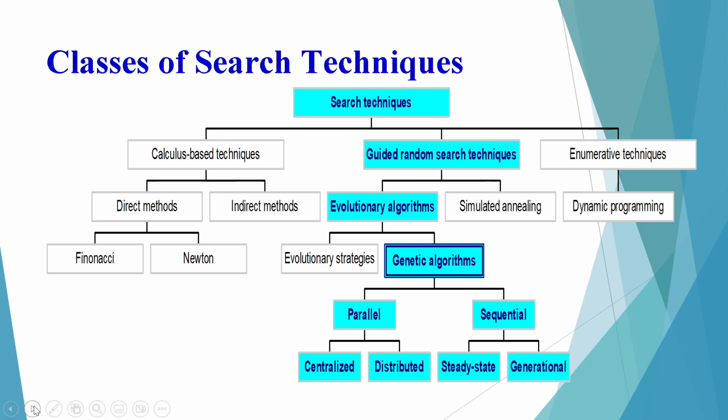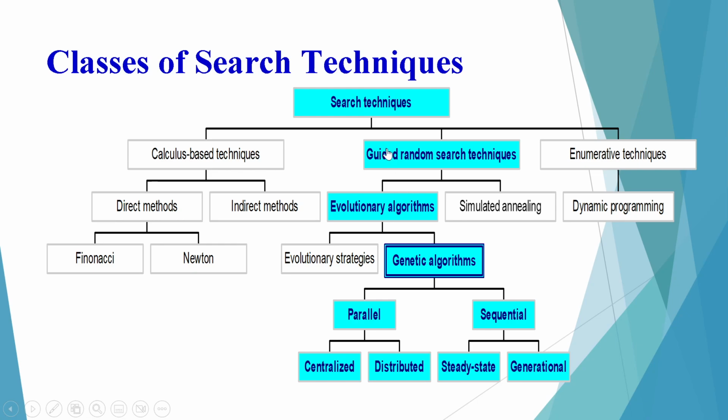We have classes of search techniques. First is the calculus-based technique. Exactly, you have a function to be maximized or minimized. We can use direct methods, such as Fibonacci or Newton's method, where we need to get the derivative, or indirect methods, to search for the maximum or minimum of the given objective function.